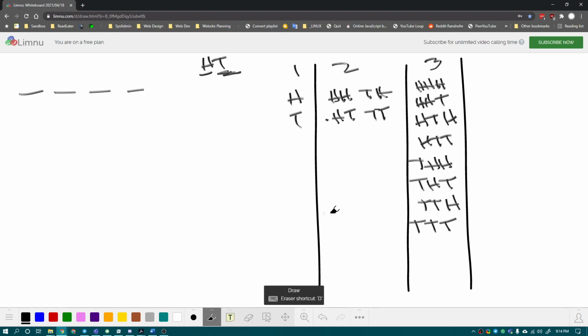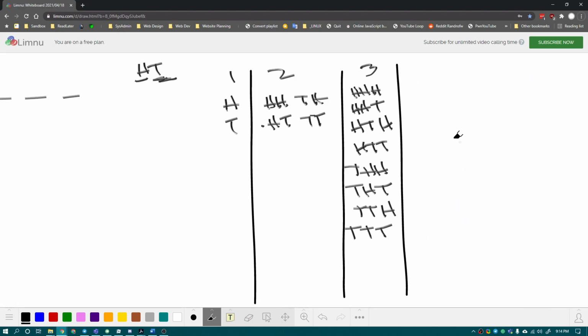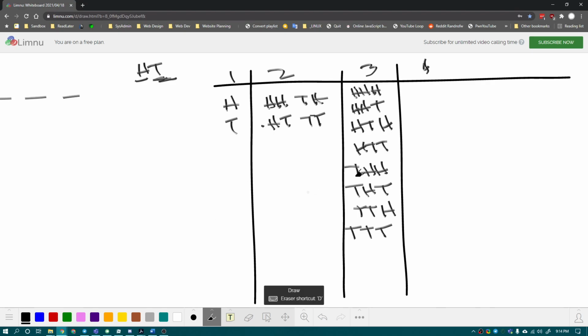But let's do 4. Again, I'm going to start with H as my leading character because that's just the order I'm doing it in. It doesn't matter the order. So I'm going to put H first and then just copy what's in the 3 spot here.